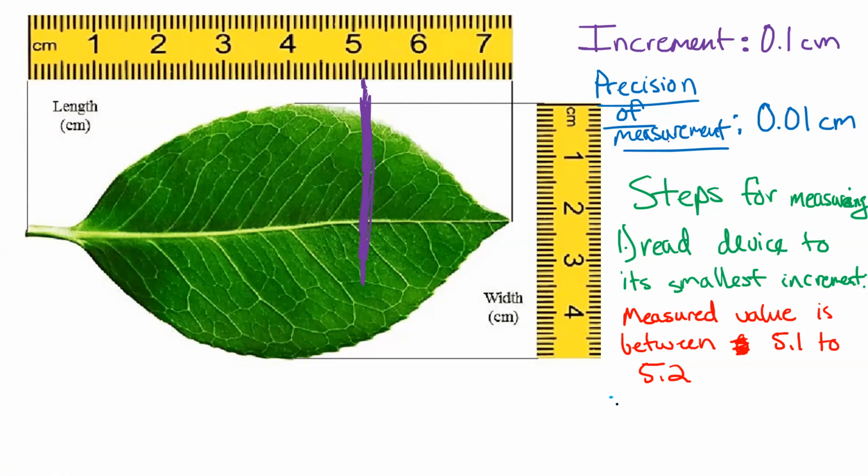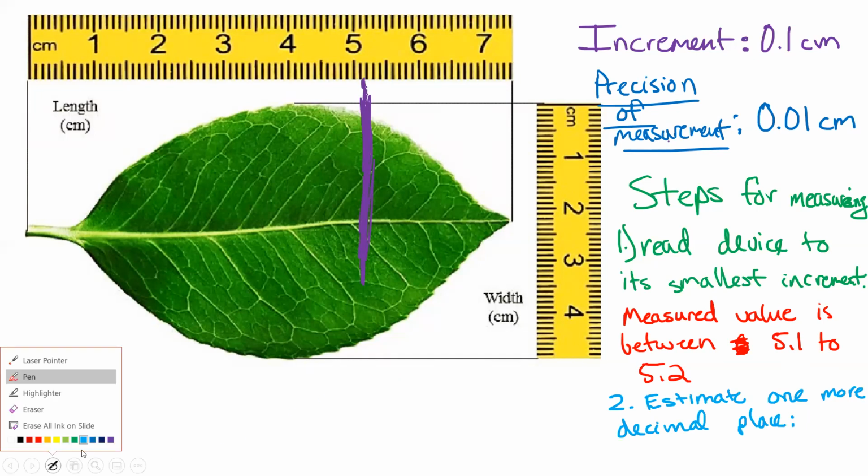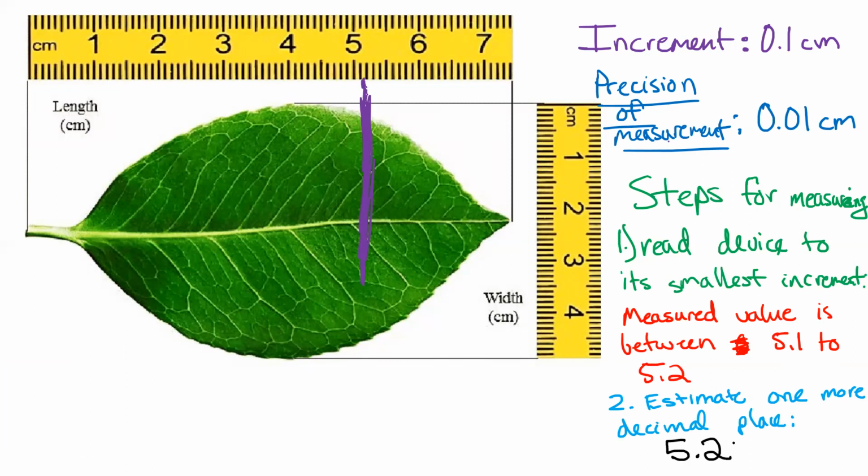Then estimate one more decimal place, because we know it's between 5.1 and 5.2. The only way to convey that is to actually make an effort to measure something between 5.1 and 5.2.